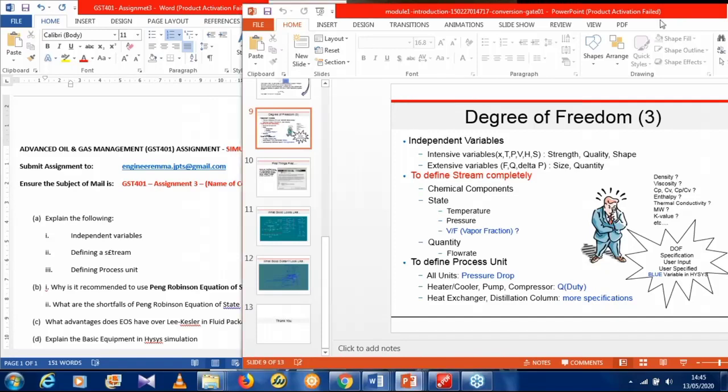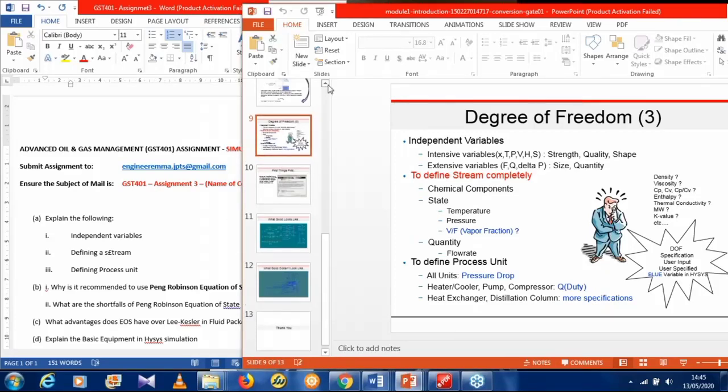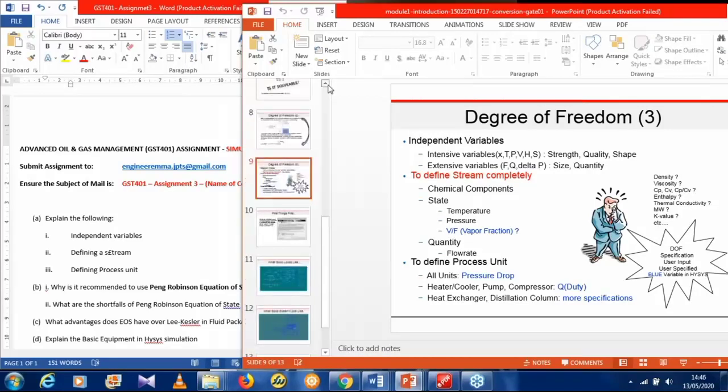In our previous class, we started talking about process simulation, and we explained that it is the simulation for all forms of chemical processes, especially with respect to the oil and gas industry.